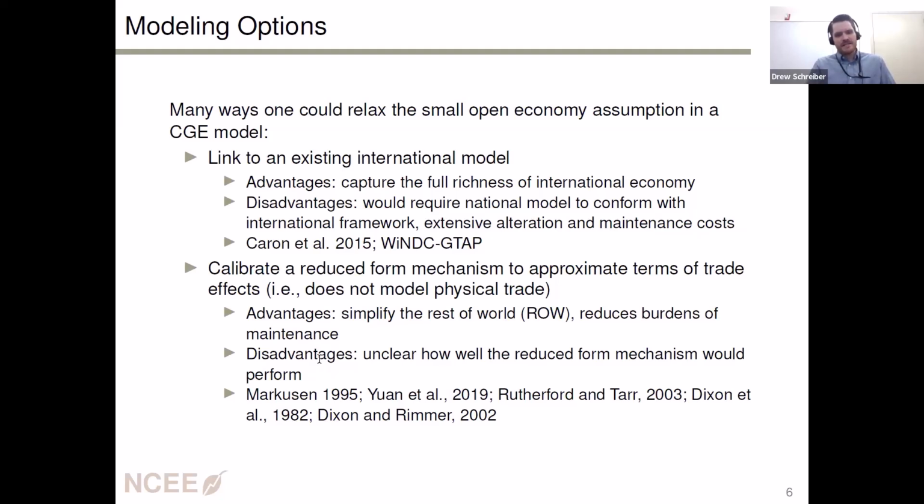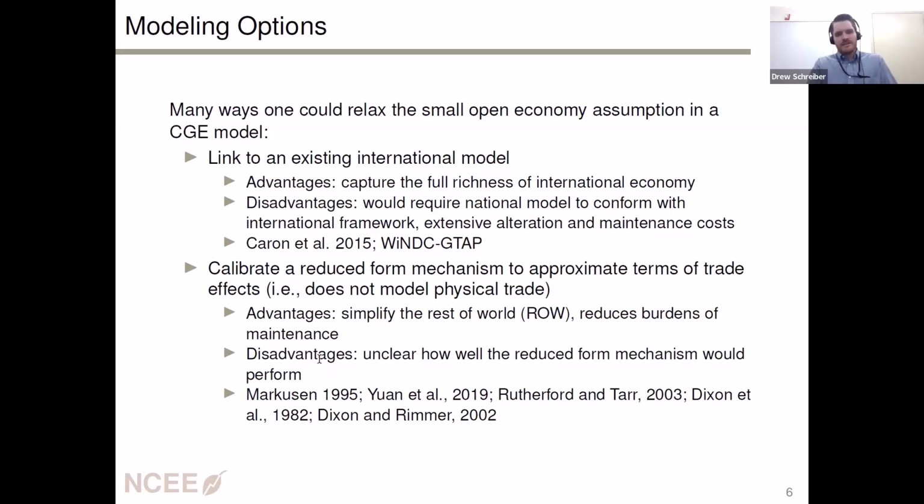And so this led us to thinking about ways in which we can calibrate a reduced form mechanism, which by reduced form, we mean an approach that doesn't necessarily model physical trade, but is more to approximate terms of trade effects or changes in import and export prices.